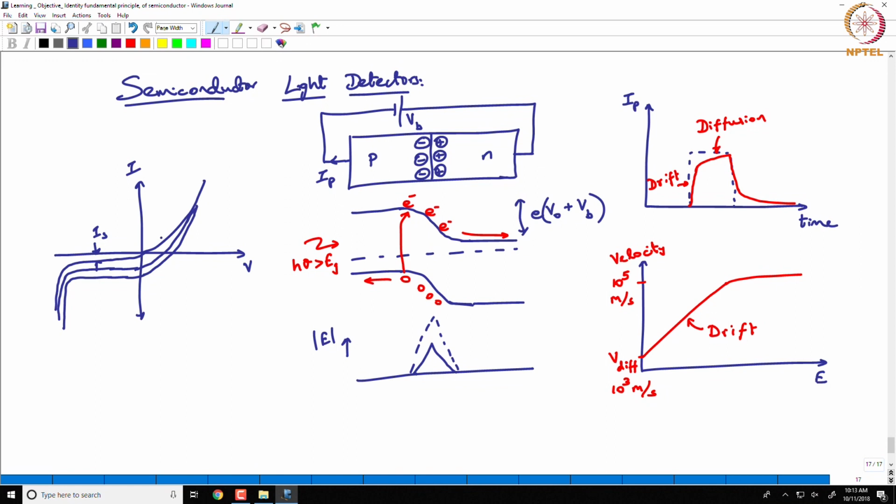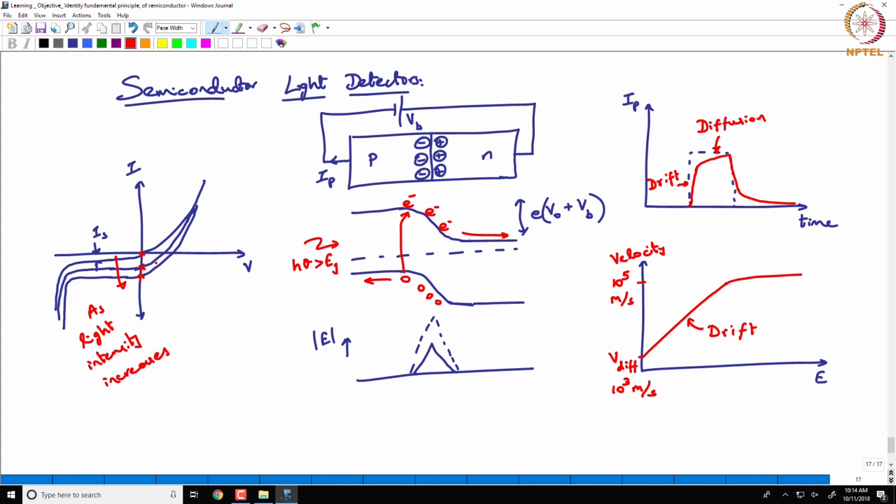When there is no light falling on the photodiode, there is no photocurrent, but as you increase this light intensity, the corresponding current increases.